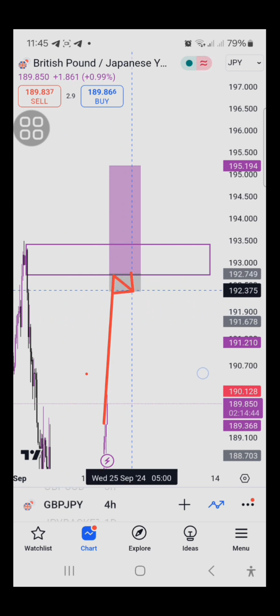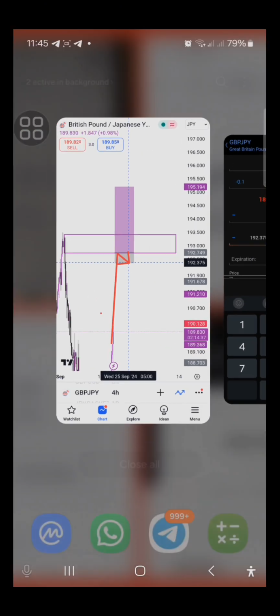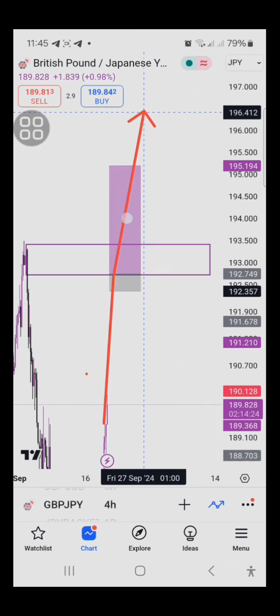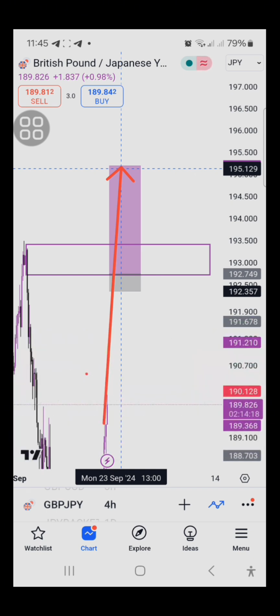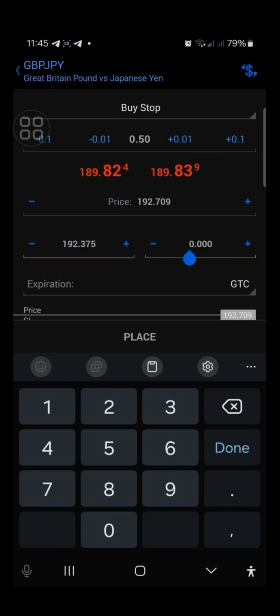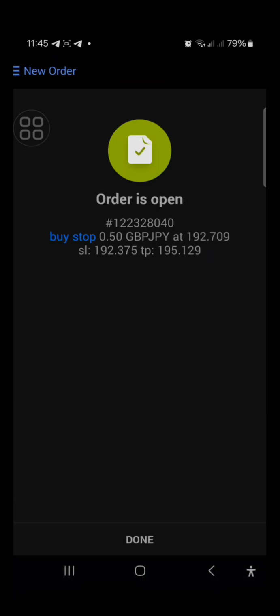Stop loss is at 192.375, and take profit is 195.129. Okay, and I'm just going to be placing that order.